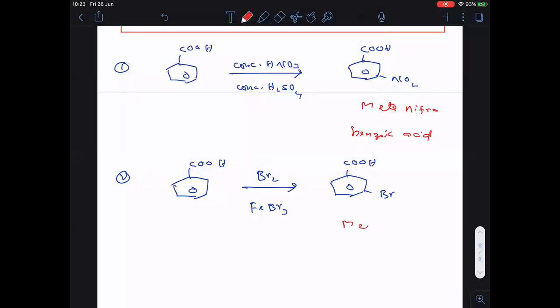Now what is the name of this one? Meta bromobenzoic acid. Come on, copy it quickly, everyone.